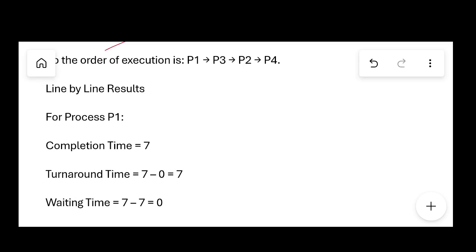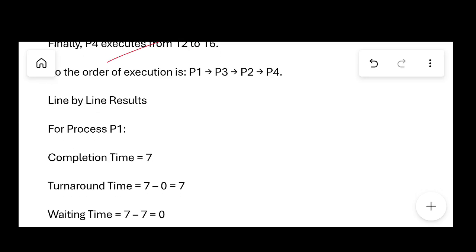Now let's calculate the important terms. First one is completion time. Completion time means the time when a process finishes execution. For P1 it is 7.